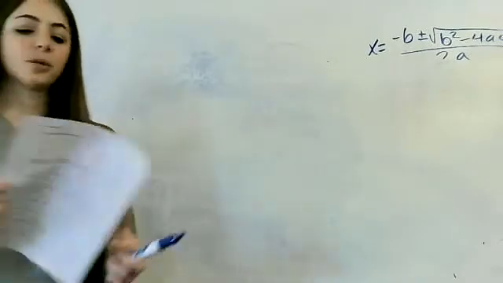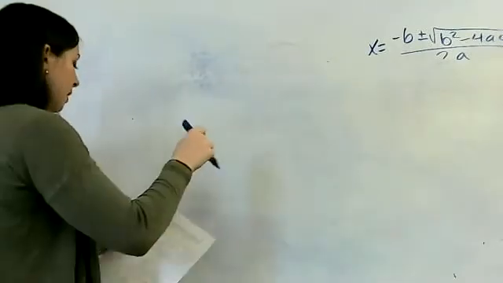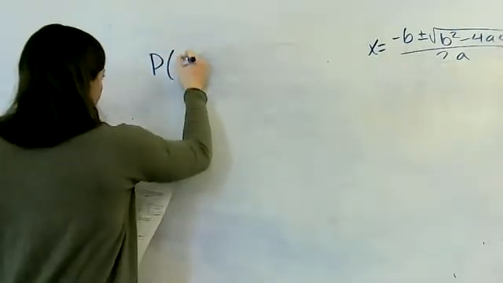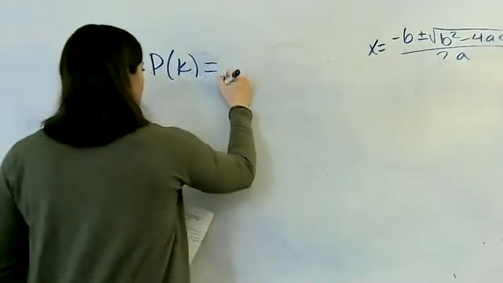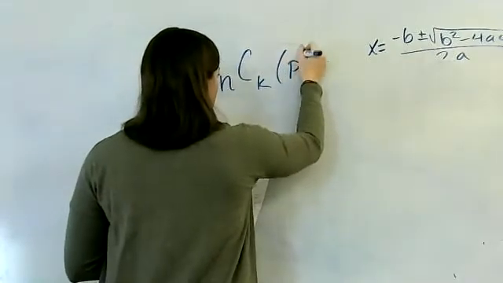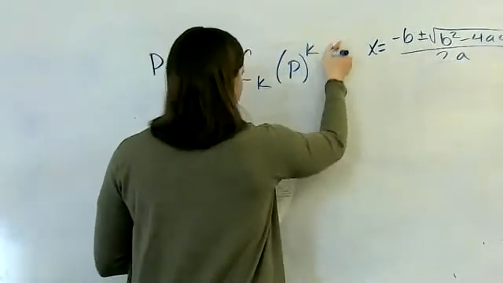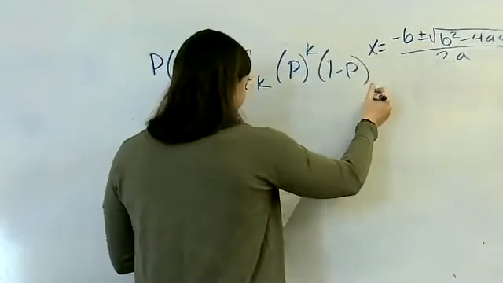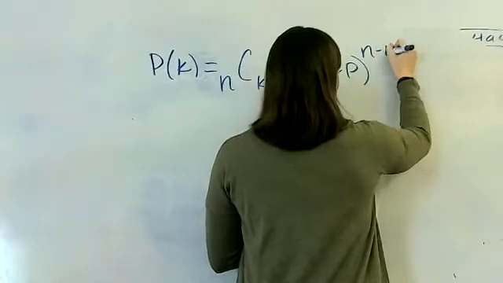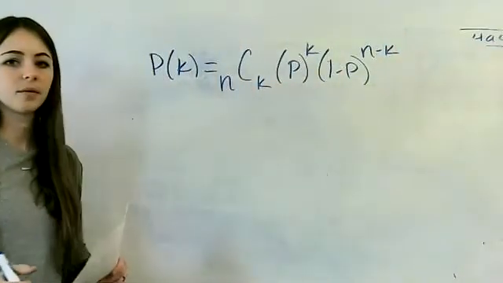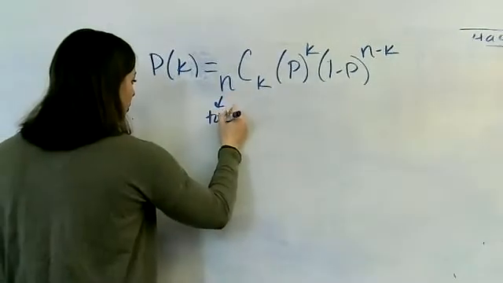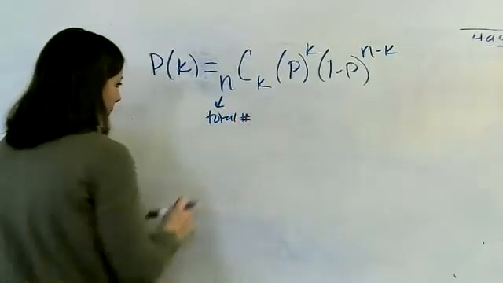On the back side is your probability distribution. Not probability, binomial distribution. So that formula I'm going to talk about really quick is P of K equals N C K times P to the K times 1 minus P to the N minus K. Right, so in here, N is still total number.